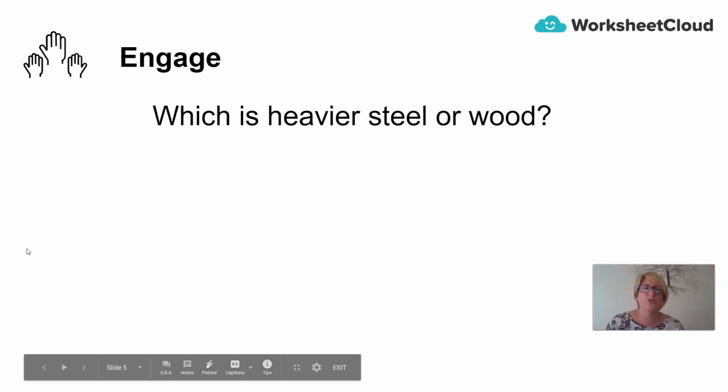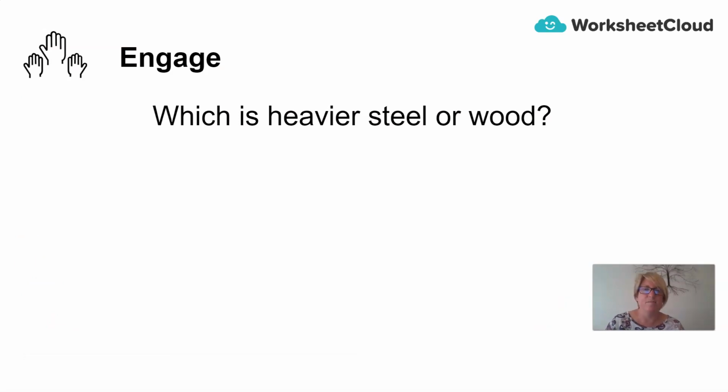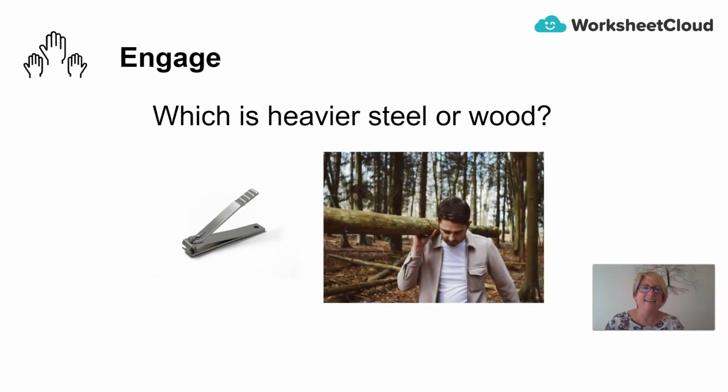So I would like you to engage in this activity. I have a question for you to think about. Which is heavier, steel or wood? And now, when I give you these pictures to look at, I wonder if you have changed your mind about which is heavier, steel or wood.